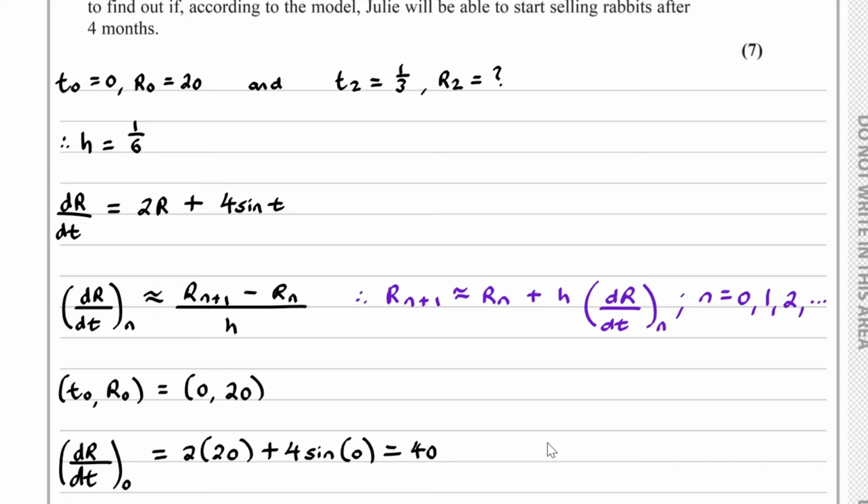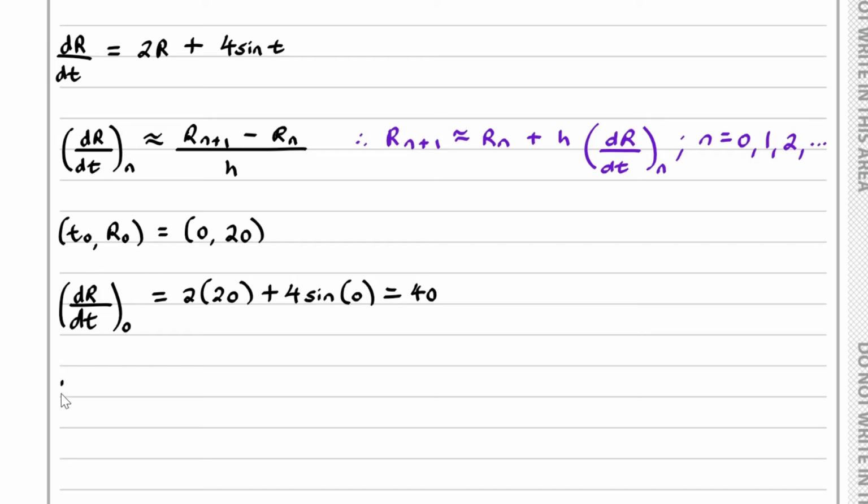And with this we can find out what R1 is using this formula here. R1 is equal to R0 plus h lots of dr over dt 0. So we have R0, which is 20, plus h, which we know to be 1/6, lots of dr over dt 0, which we just found to be 40.